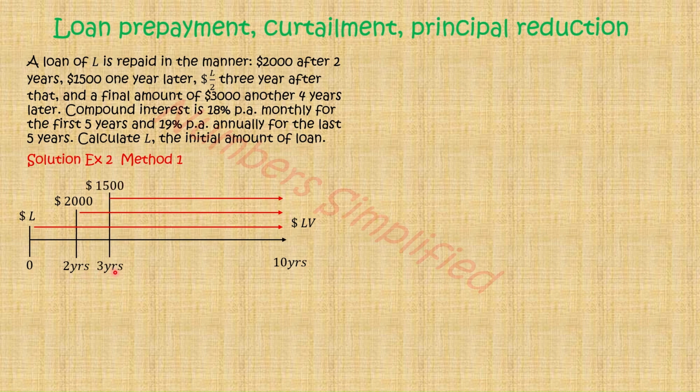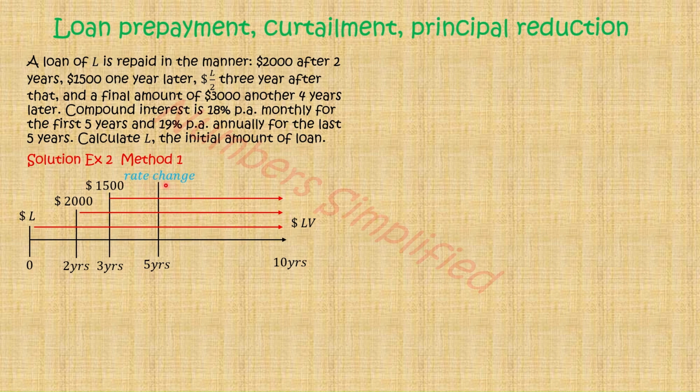In the third year, we also see that there was an amount that was paid of 1,500. That is also going to accrue some interest and help out in reducing the value of the loan, or rather the balance that is left of the loan. Then after 5 years, this time around, we have to take note of the change that takes place in the interest rate.